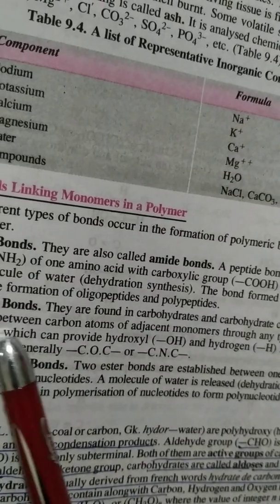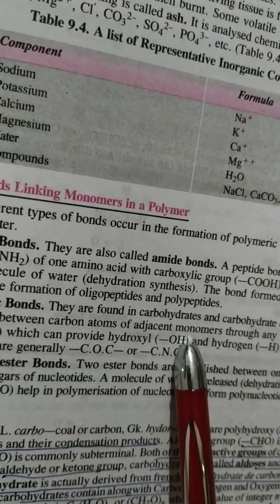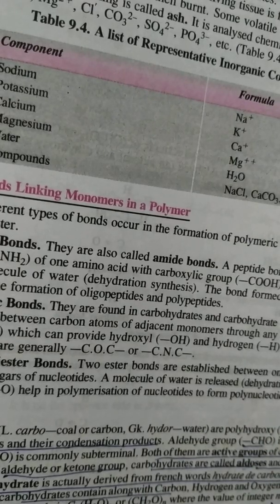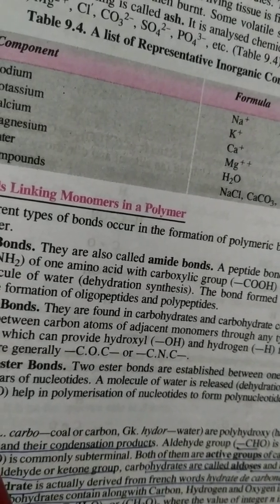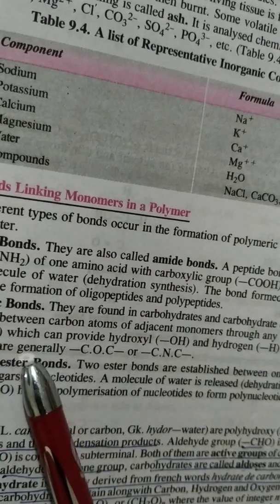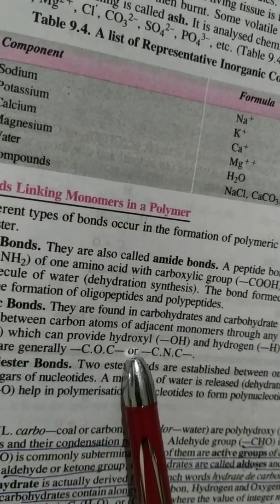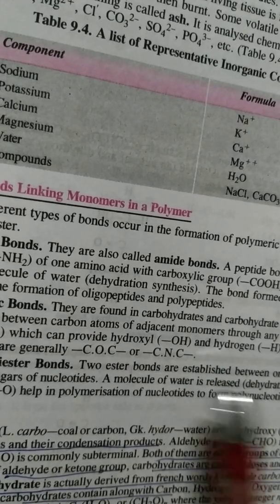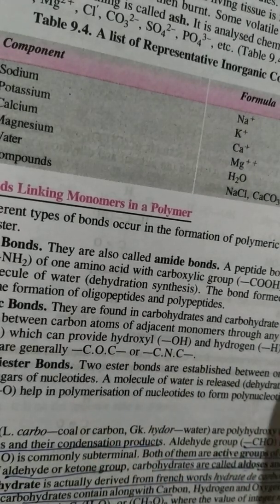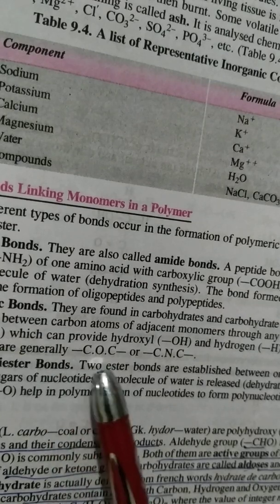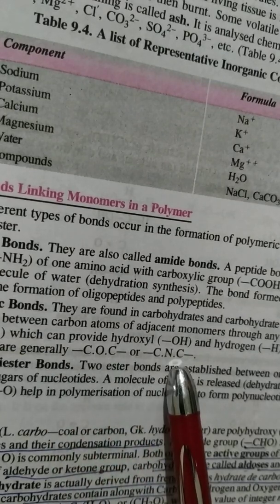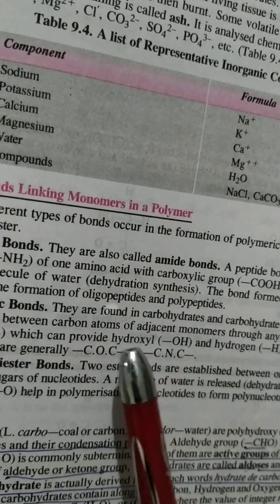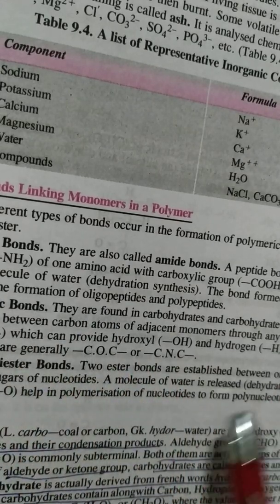Here the bond occurs between carbon atoms of adjacent monomers through a group such as a carboxylic group, amino group or amide group, which can provide hydroxyl and hydrogen for the synthesis of water. So this bond occurs between carbon-oxygen-carbon or carbon-nitrogen-carbon, and here one molecule of water is released. It is called the glycosidic bond.